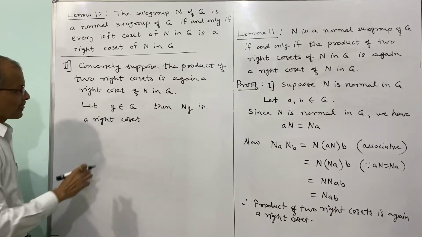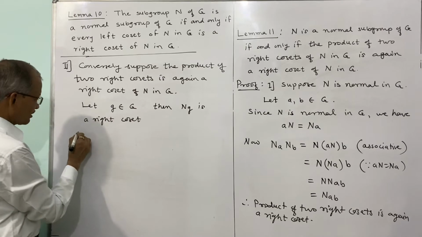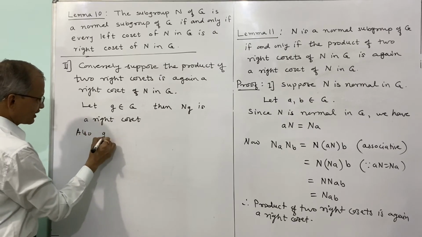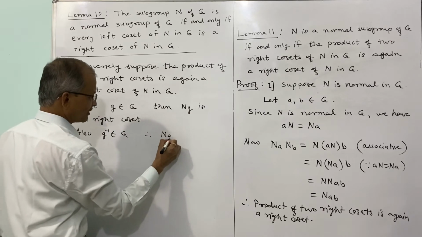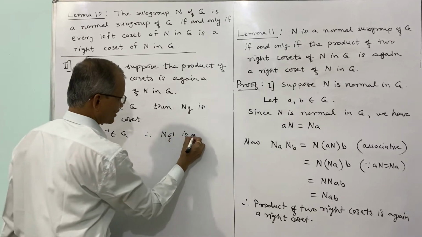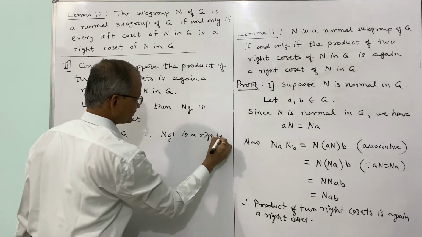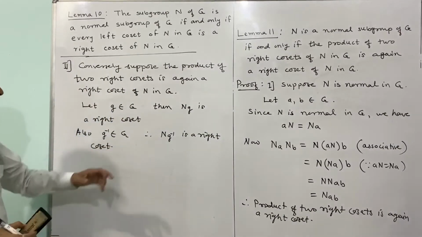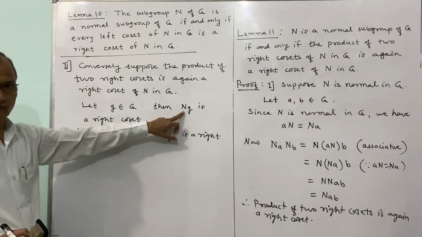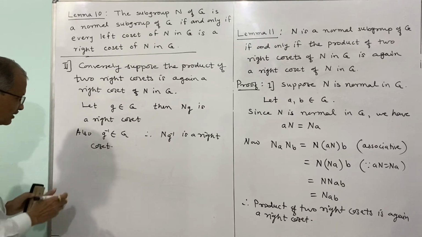And further, we have g inverse also. g inverse belongs to G. Therefore, N g inverse is a right coset. Now, the product of these right cosets is again a right coset.